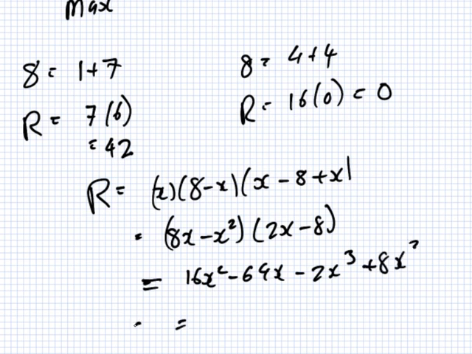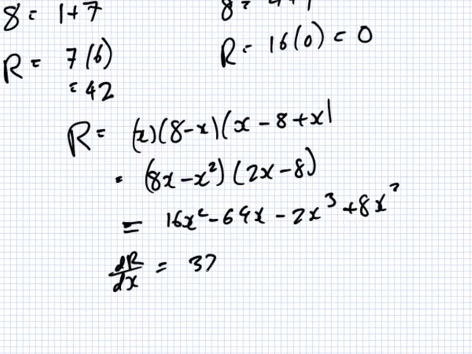Now if I calculate the derivative, that's 32x minus 64 minus 6x squared plus 16x equals 0.